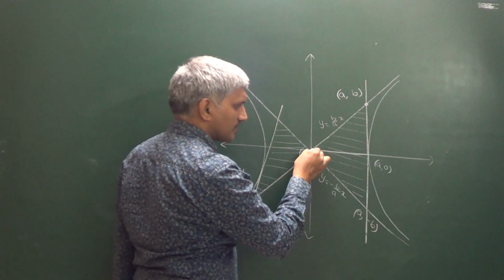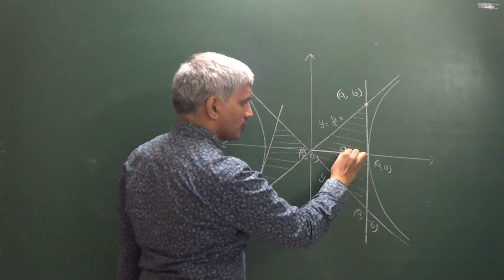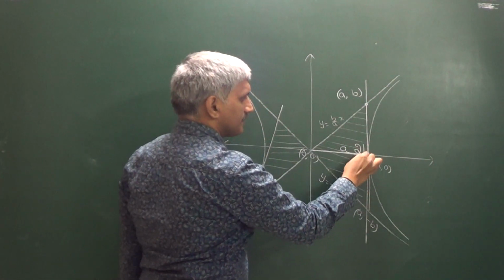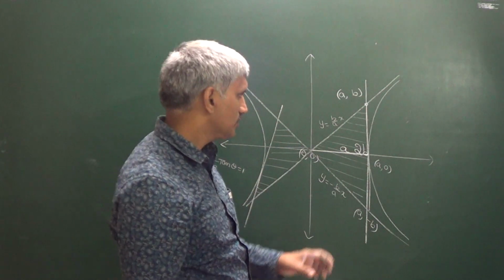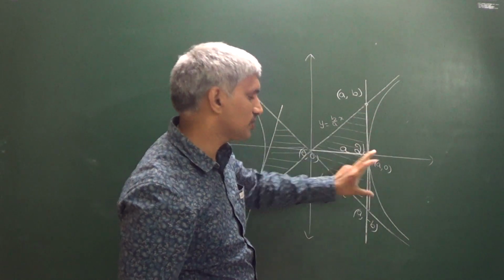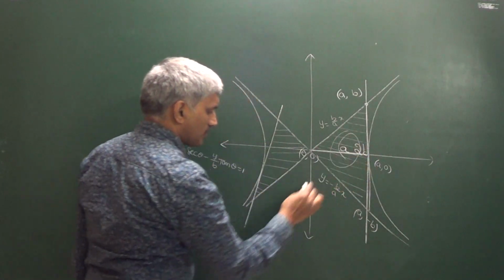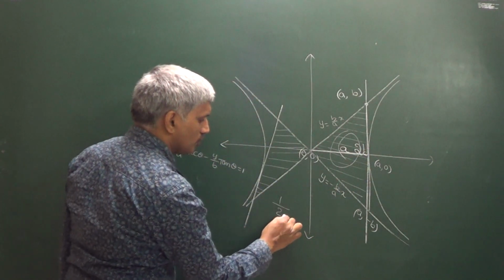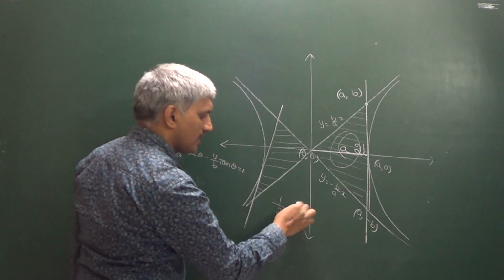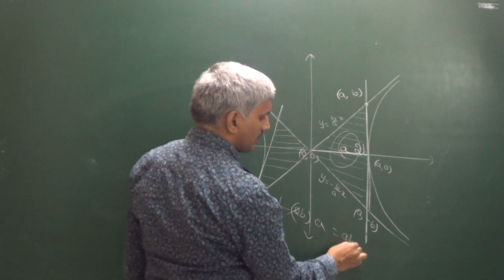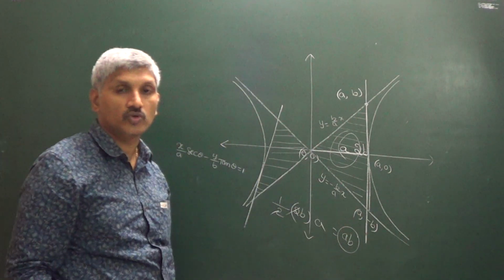What about this length? This length is a, and this total length is 2b, since this portion is b and this portion is also b. So the area of this triangle is half into base 2b into height a. The 2 cancels, and the area of the triangle is ab.